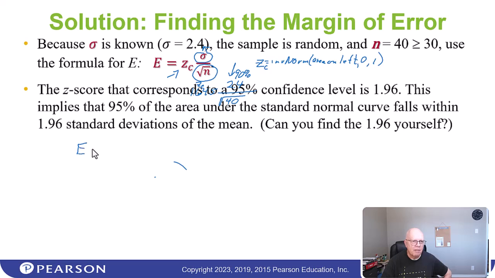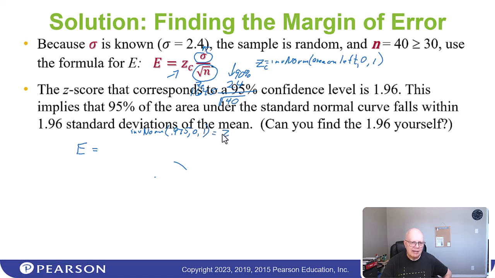We want the maximum error. So we want 95%. And if you get inverse norm, for 95% you'd have 0.97501.